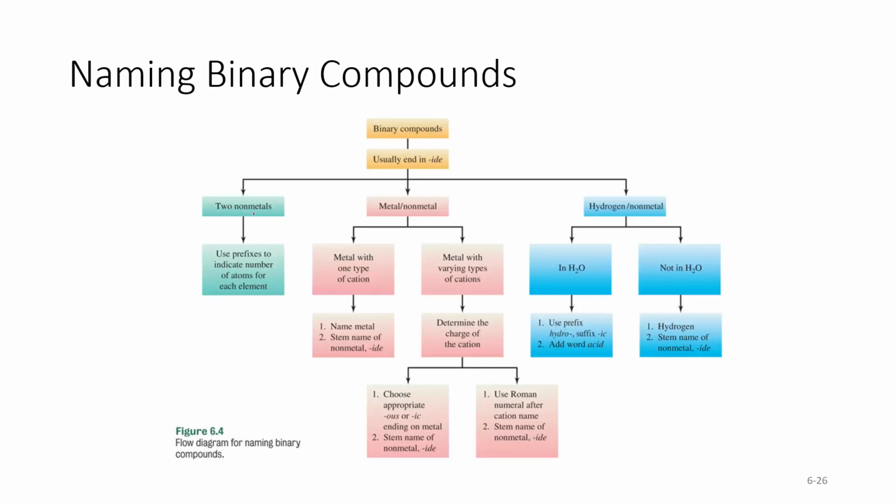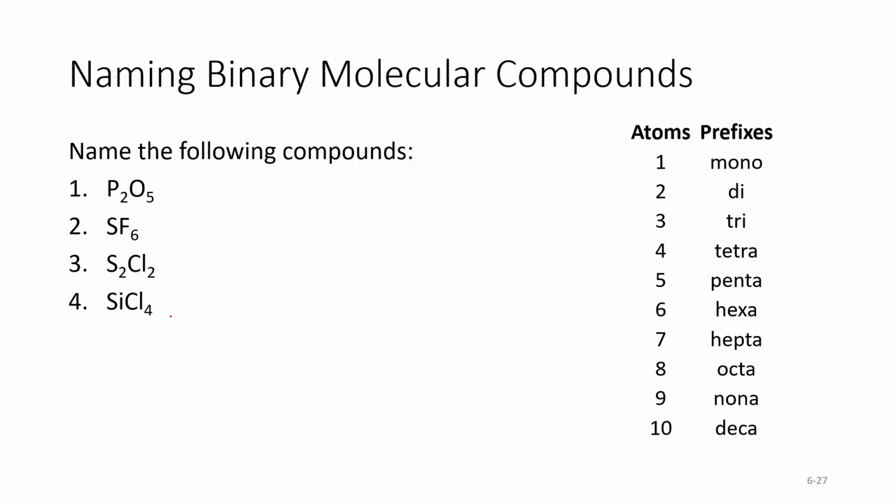So when we name two nonmetals, we're going to use the prefixes method. Here are some examples, and the prefixes are right here. We see that there are two phosphorus, so we put the prefix for two, di, phosphorus.